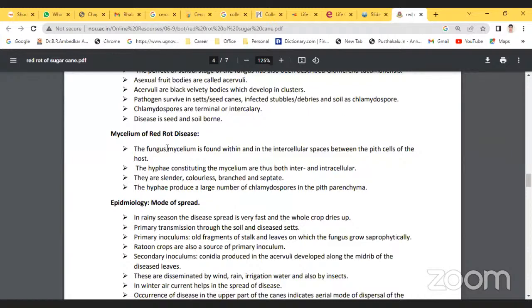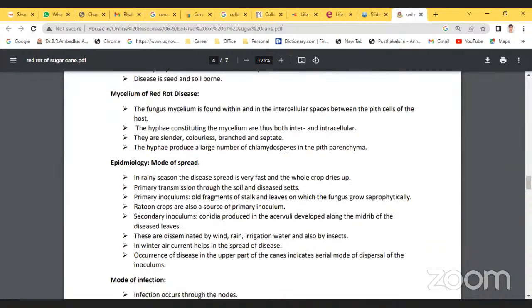The mycelium of red rot: the fungal mycelium is found within the intercellular spaces between the pith cells of the host. The hyphae are both inter- and intracellular. They are slender, colorless, branched, and septate. The hyphae produce a large number of chlamydospores in the pith parenchyma.